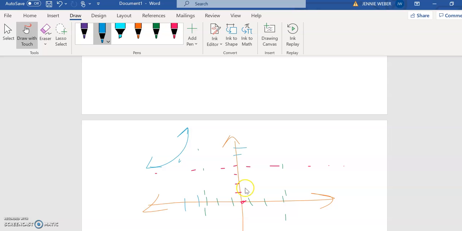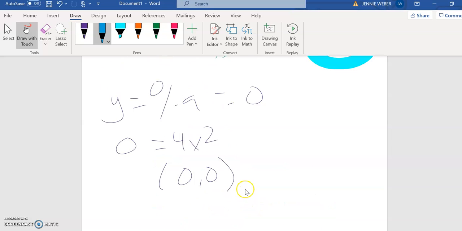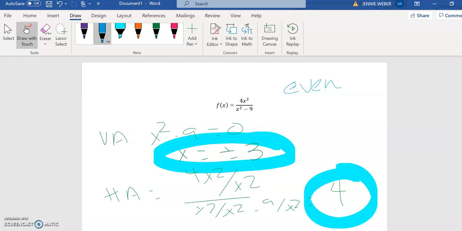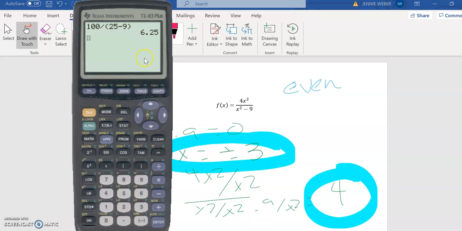So there's that graph. Now I'm going to pick a point in here, on either side of this. Say I'm going to do negative 2 now, okay? And then I'm going to do 2, because I also know that this is symmetric. So I know that 2 and negative 2 should be the same. So I do negative 2 or 2. 2 squared is 4, so that's 16, divided by 4 minus 9.